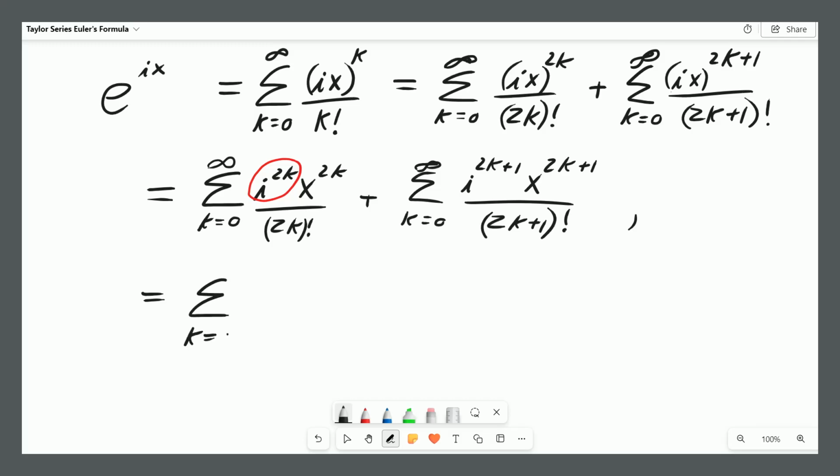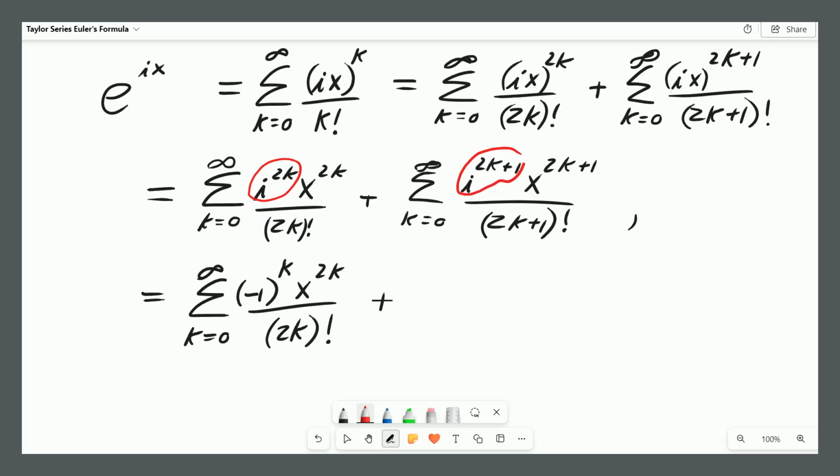So we have k going from 0 to infinity, negative 1 to the power of k times x to the power of 2k divided by 2k factorial. You might notice that that is our expansion for cosine of x. Now watch what happens here. Okay?